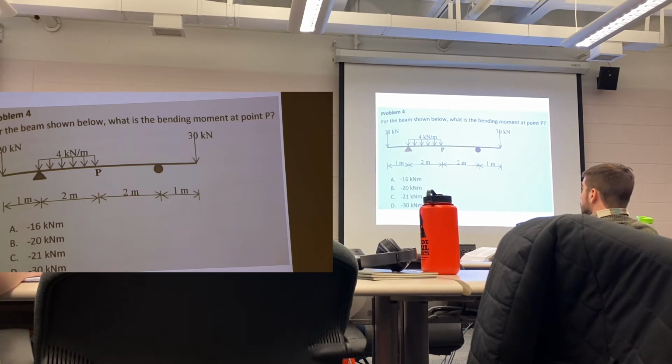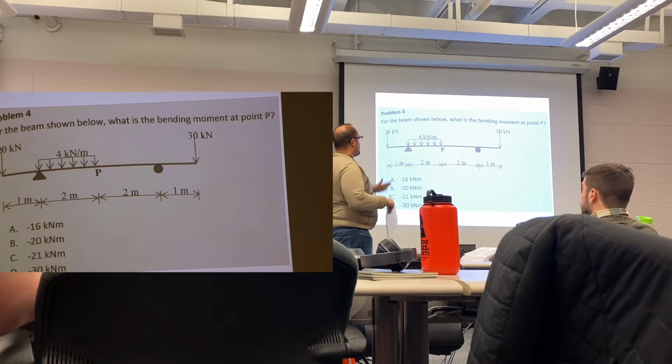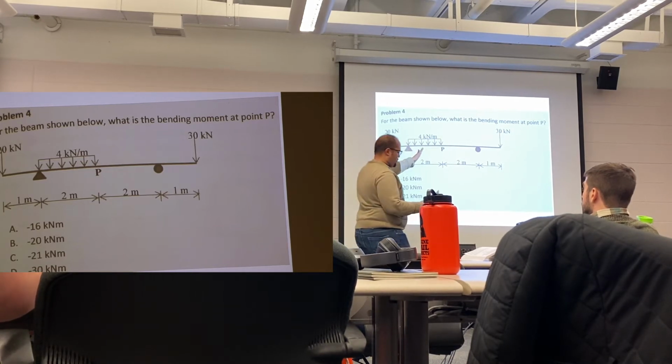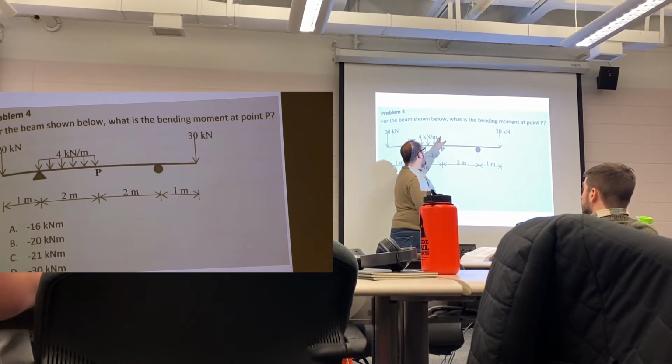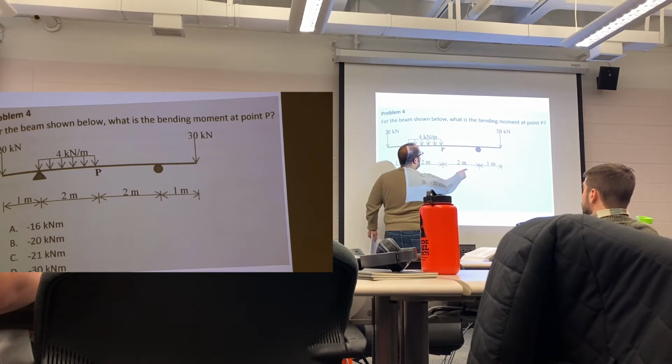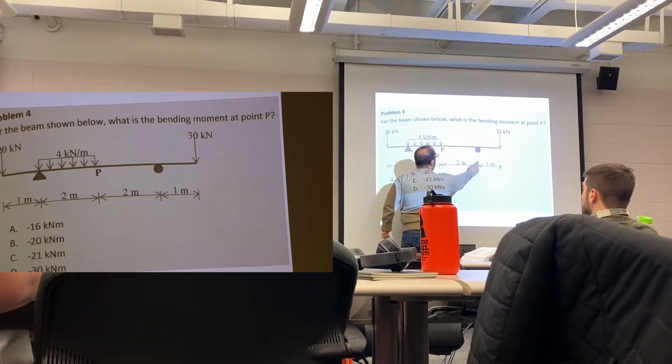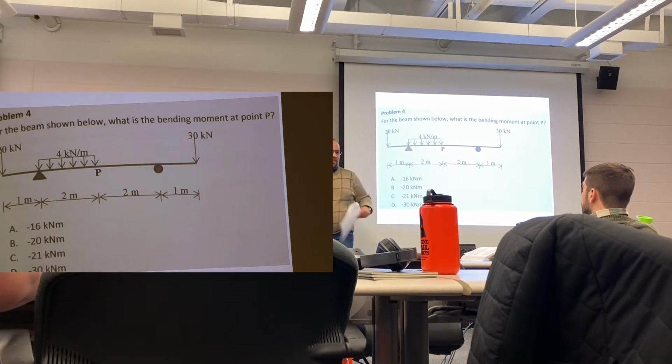Can we solve for the reactions and then get the overall moment? Yeah, you solve for the reactions and you either draw the shear force diagram or take a section and say 30 multiplied by 3 minus this reaction multiplied by 2. This is one of the easiest ways.